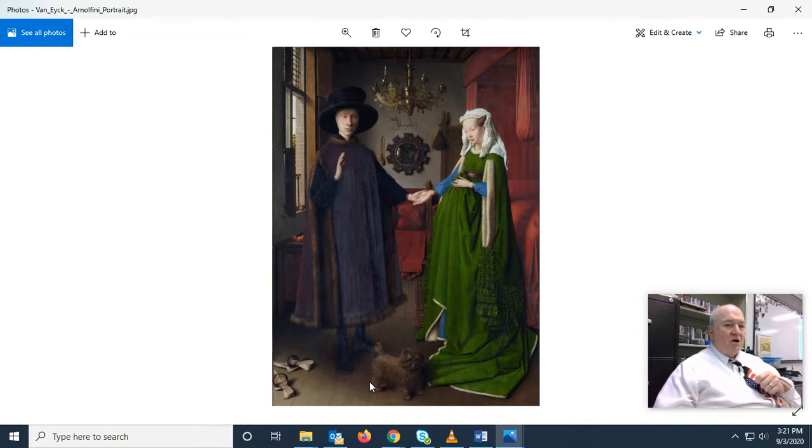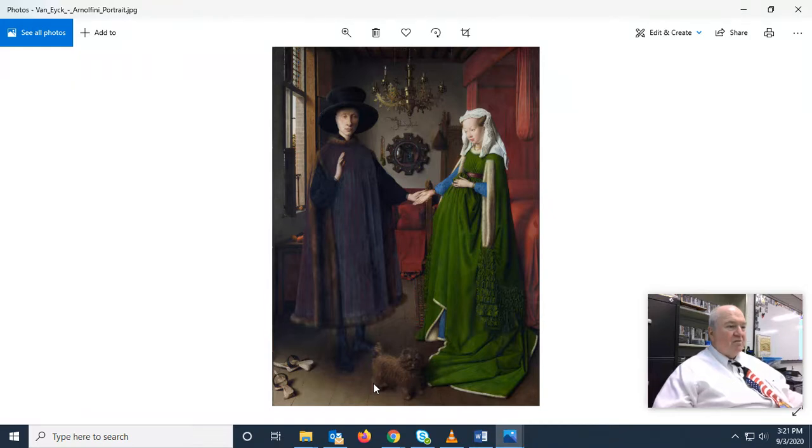Now, in art, dogs are often placed in paintings to represent fidelity. Fidelity. And somebody in the back says, "Oh, I didn't know they had stock trading companies back then." Actually, they did, but that's not what this is about. Fidelity. You know what fidelity is?